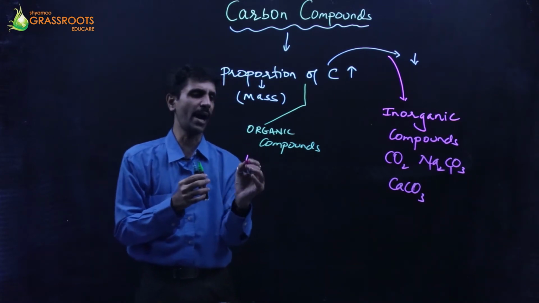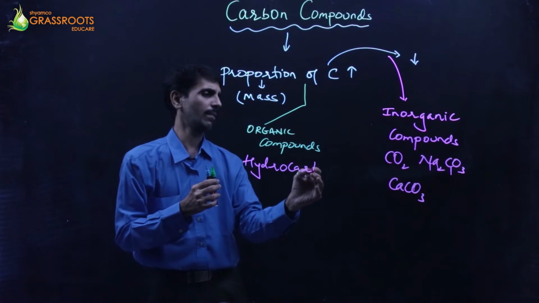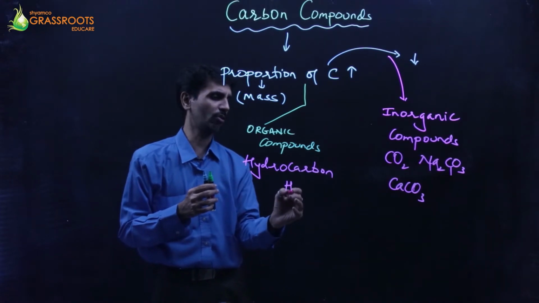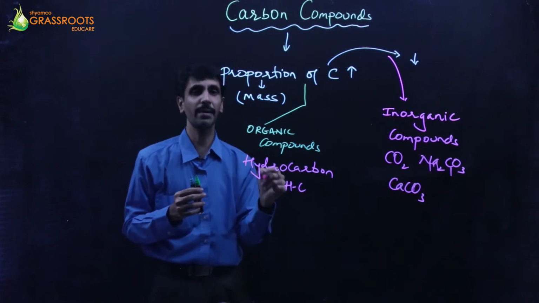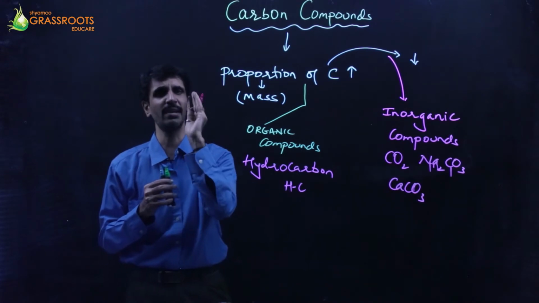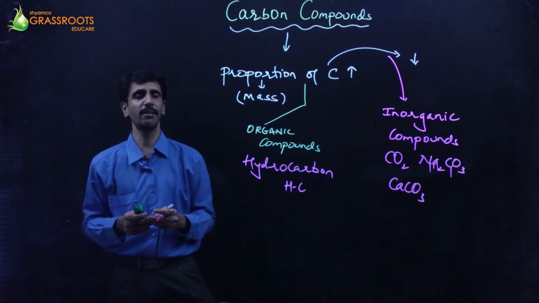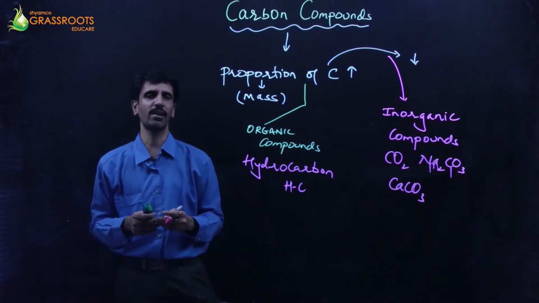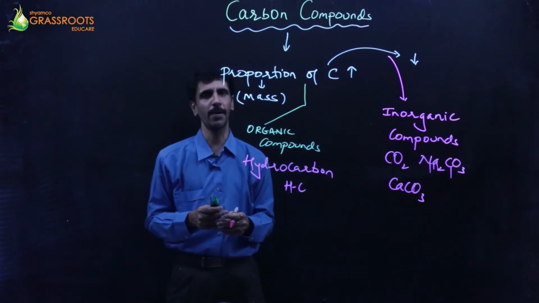And mostly they are hydrocarbons, meaning compounds containing only hydrogen and carbon. The mass of hydrogen is only 1, the mass of carbon is 12. So one carbon is 12 times heavier than hydrogen. So obviously its mass proportion is high, and therefore it is organic. And where the proportion of carbon is less, it is inorganic.